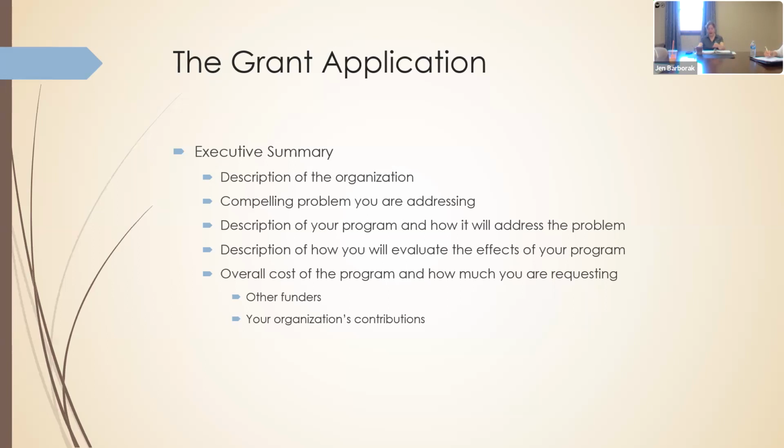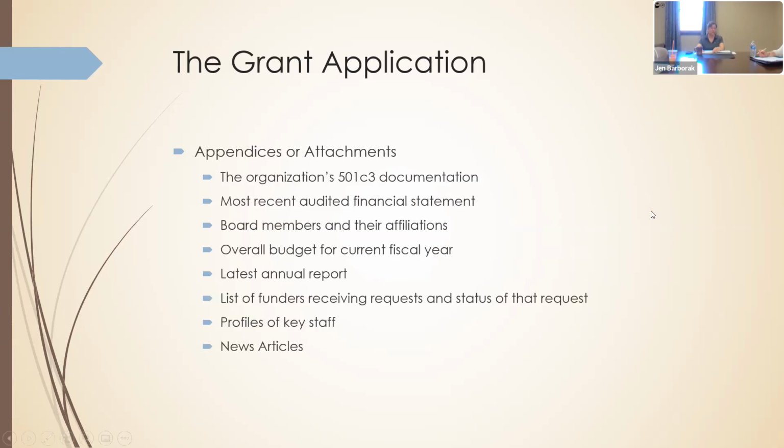So then the rest of the grant application, appendices, attachments, those are things that we did already talk about. Some people put a table of contents. I actually never put a table of contents into a foundation grant application. I don't know about state or federal grants. Sometimes they might like one, especially if it's longer than 5 or 6 pages.